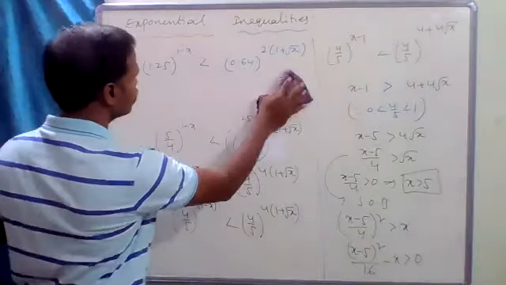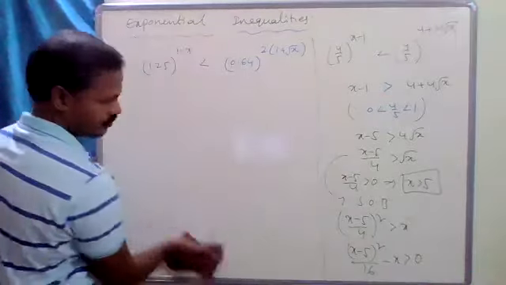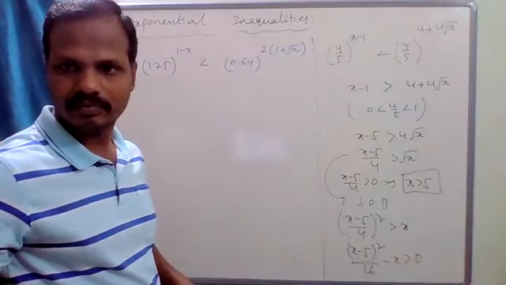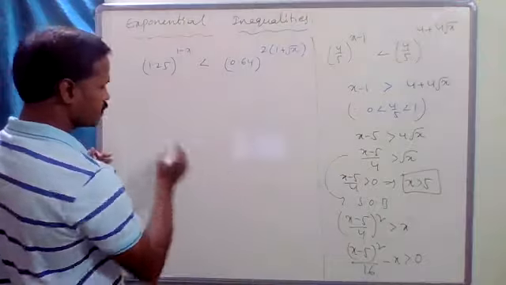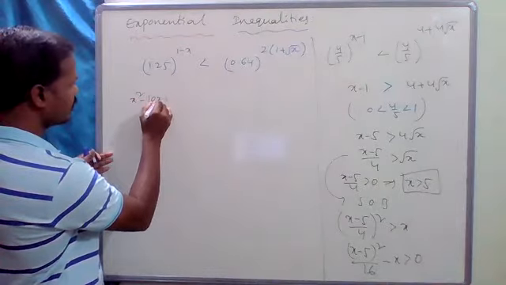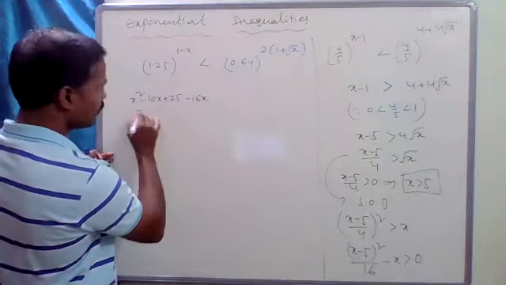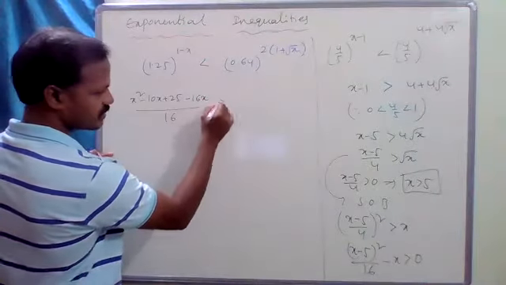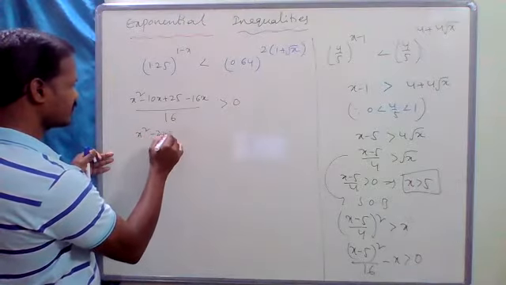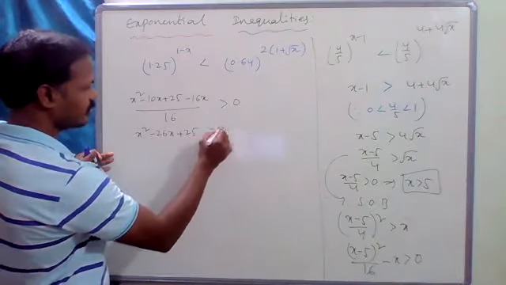So that is x square minus 10x plus 25 minus 16x by 16 is greater than 0. Which is x square minus 26x plus 25 by 16, greater than 0, because this is positive.